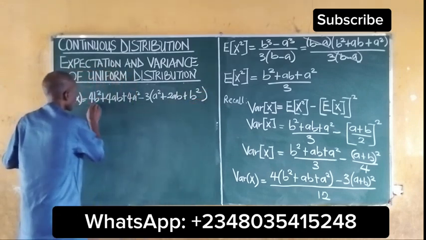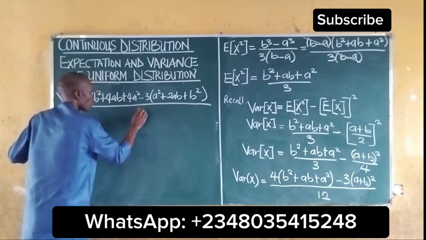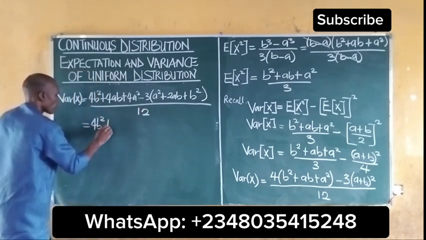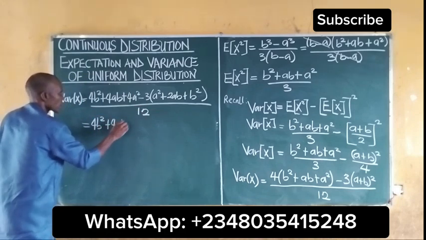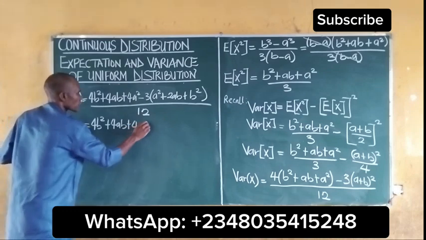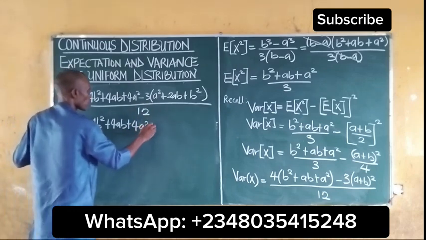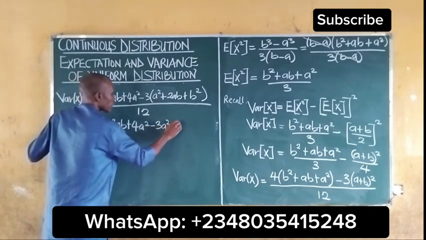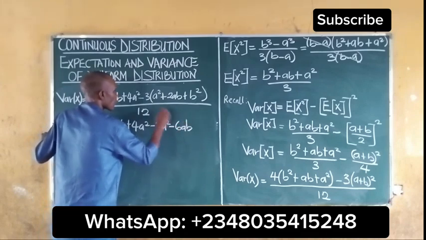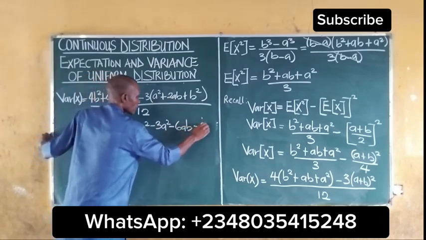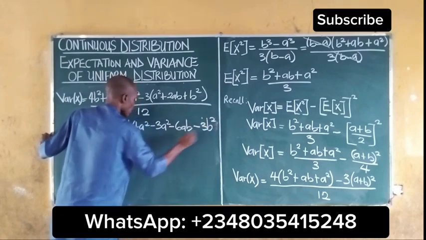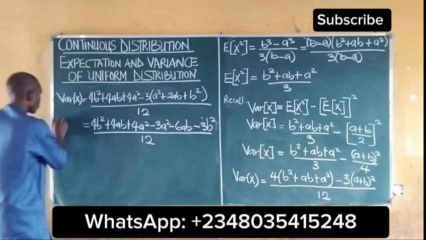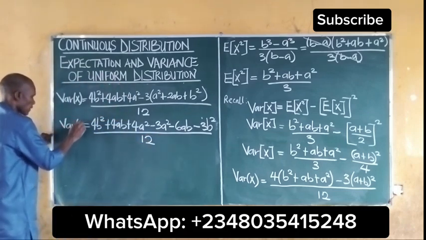This is what we get all over 12, which is also equal to 4b squared plus 4ab plus 4a squared. We can open this to give us minus 3a squared minus 6ab and minus 3b squared all over 12, which is our variance of x.